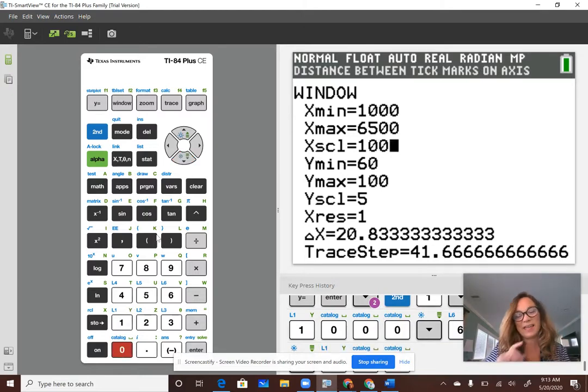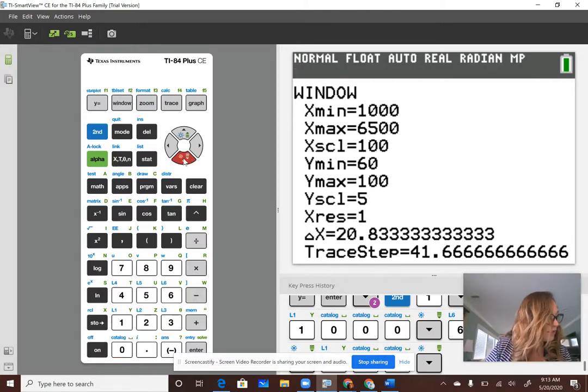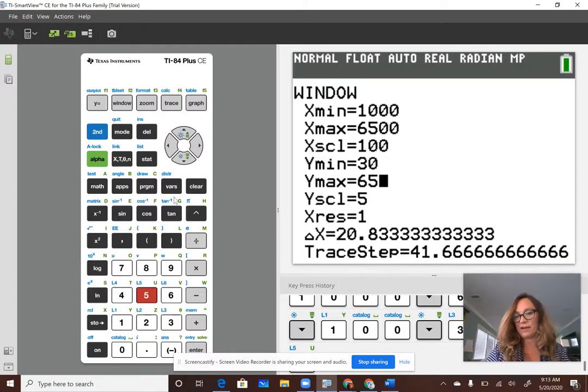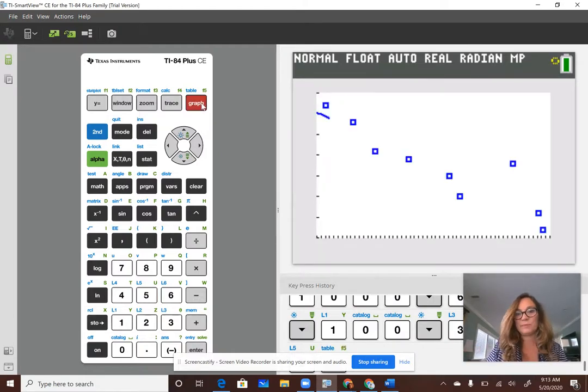If I was making that graph, I would probably count by like 500s or something. But 100's fine. Okay, my lowest y is 32, so I'm going to go with 30. And my highest y is 62, so I'm just going to go with 65. Okay, I'll keep the counting by 5s. All right, here's my graph.